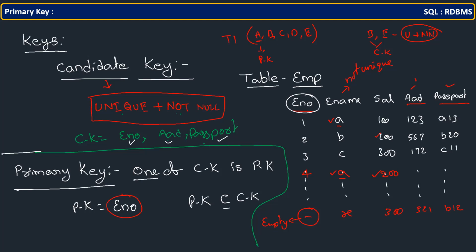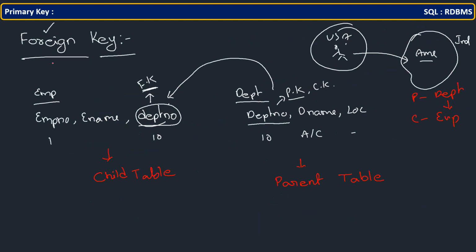Just for explanation I gave an underline here, but you must give the underline when it is on paper, in the documentation. Of course, in the system, in the hands-on, you will mention it when you are creating a table. That part we will see. That is not yet completed. So you will get more clarity when we do the hands-on part for this theoretical discussion. Okay. So hope this foreign key part is also clear. Yes or no? Any confusion?